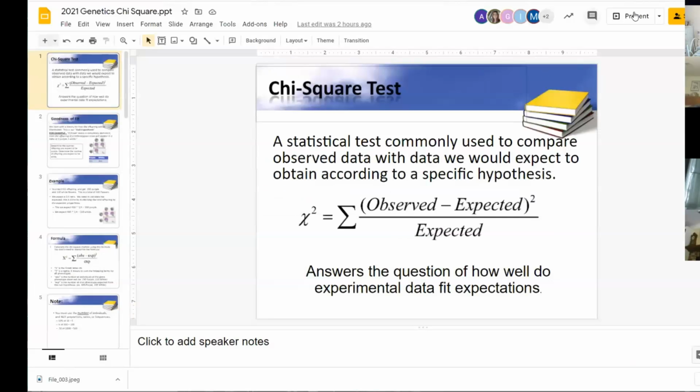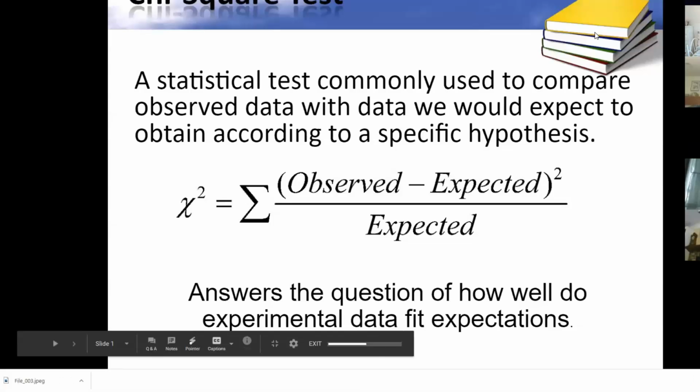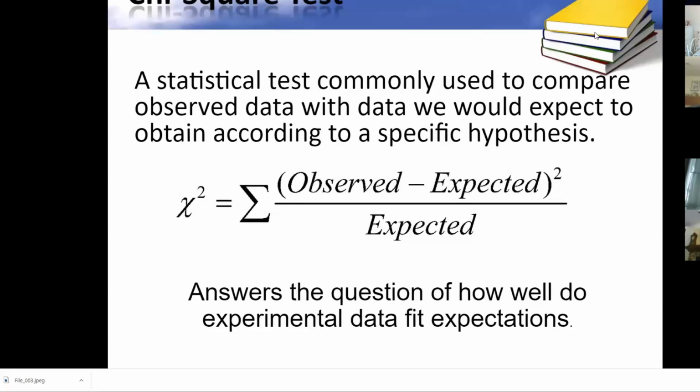All right, so statistics are used quite often in science because we never get exactly what we expect, right? So we have to decide if the difference that we're seeing is significant. We can't just say, oh, it's 12 apart, so there's a significant difference, unless we've actually done some sort of statistical analysis of it.